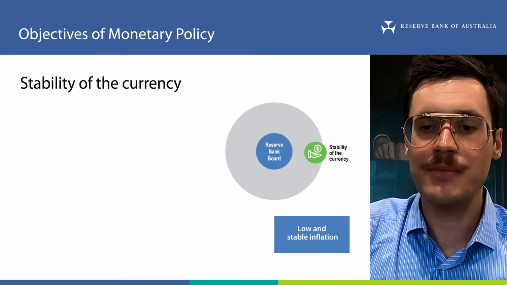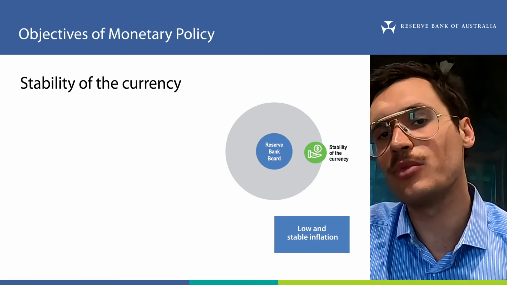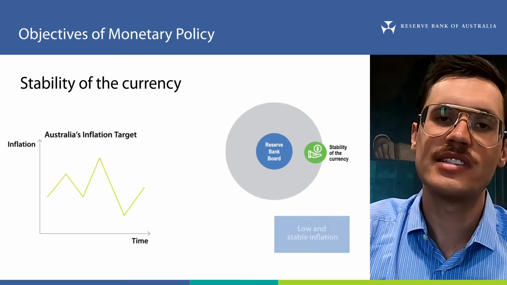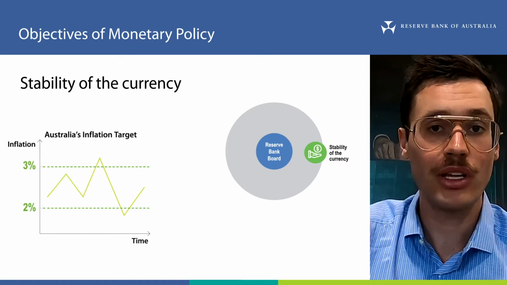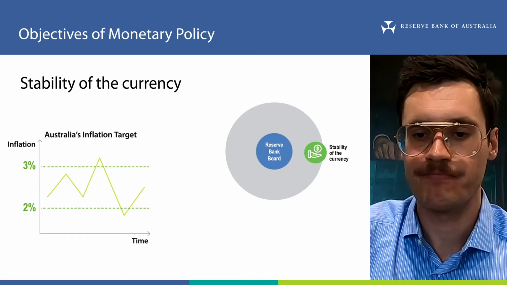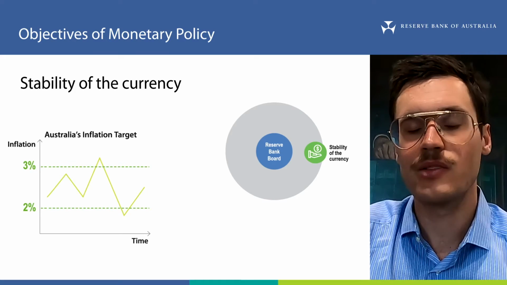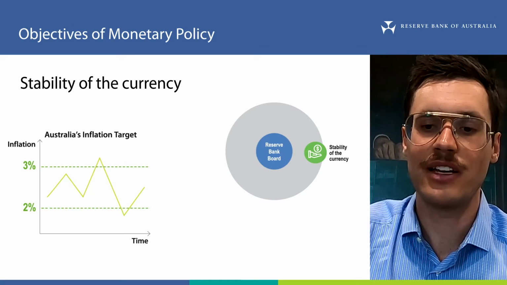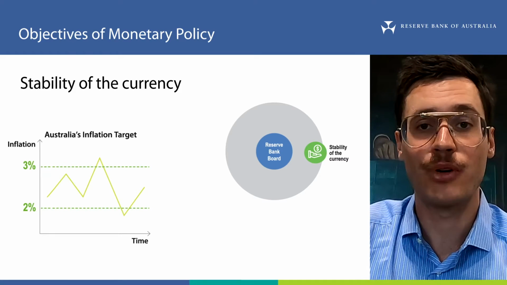The RBA aims to keep inflation in these prices low and stable by using its flexible inflation target, where it sets monetary policy to keep inflation between 2 to 3% per year on average over time. The role of the flexible inflation target in monetary policy, as well as the benefits of low and stable inflation, are discussed in depth in the inflation target video of our monetary policy series.